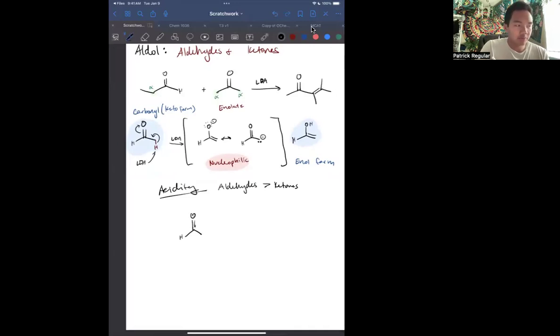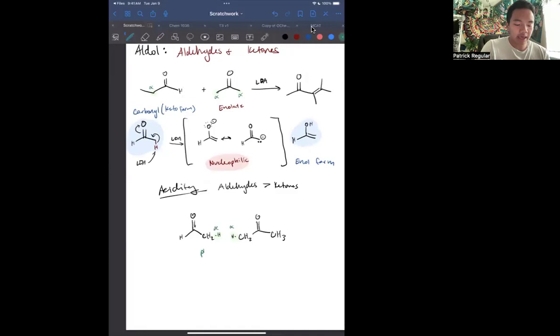Bring back that ethanol versus our propanone. Yeah, let's keep it simple. There we go. Here, let's make it like this. Well, it goes to show that this alpha proton and this alpha proton, let's keep our labels alpha, alpha.